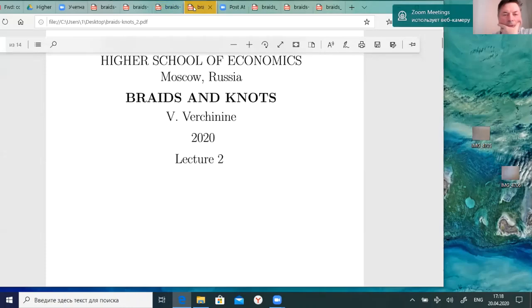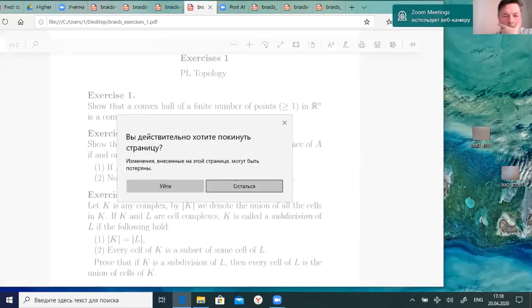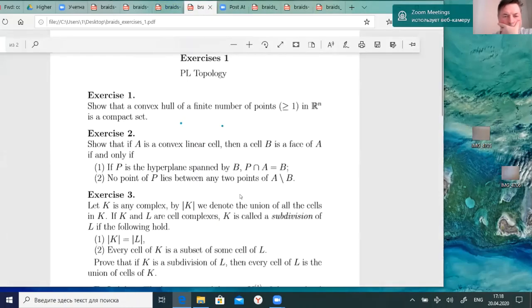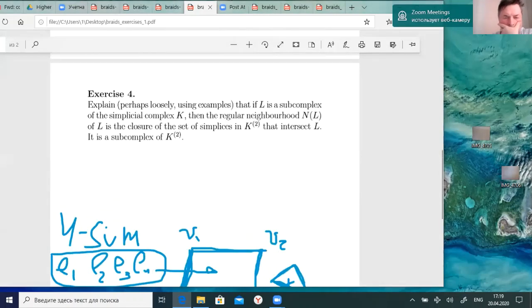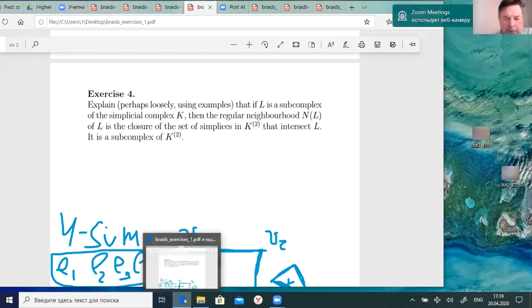Would you like to? how can I make a picture? Excuse me, I just try to find a proper place somewhere.